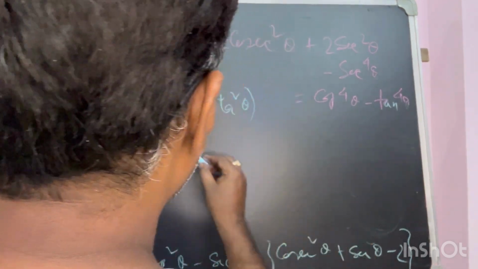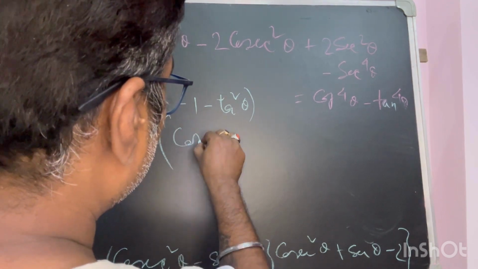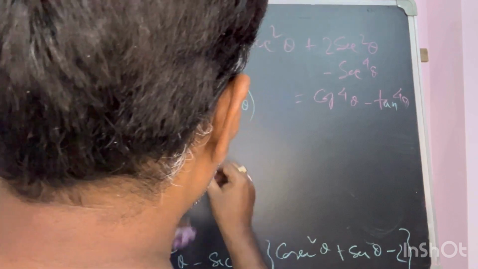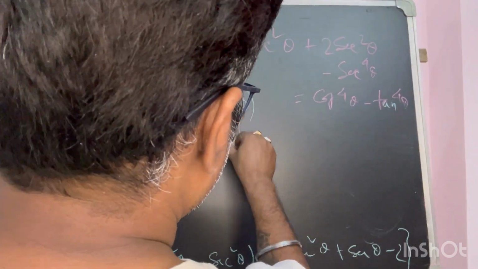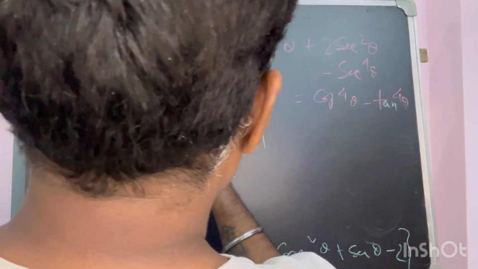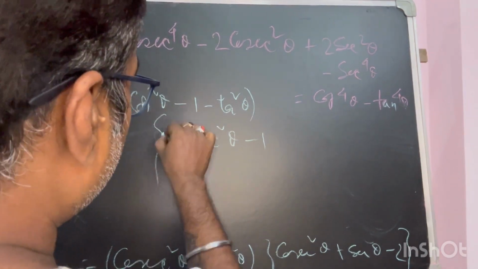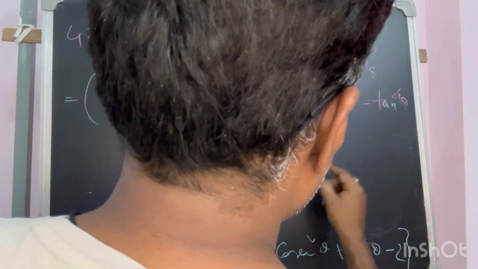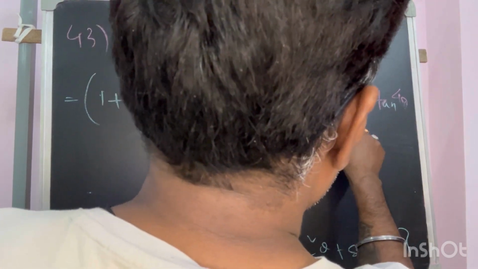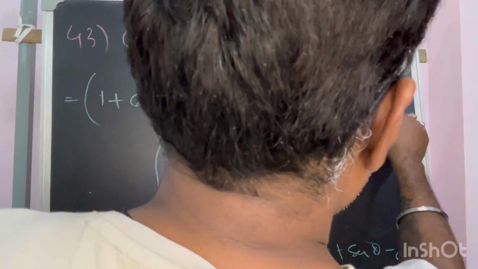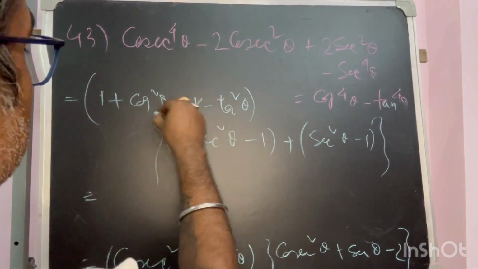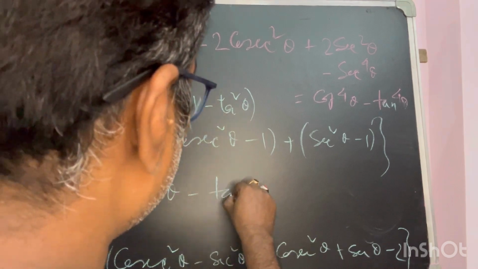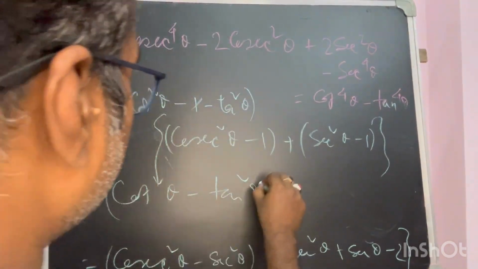Into this, I write cosec square theta minus 1, sec square theta minus 1, in a bracket, just distributing the 2 into 1 with both. Okay, so now this will be cancelled out, and I will get cot square theta minus tan square theta as one part.